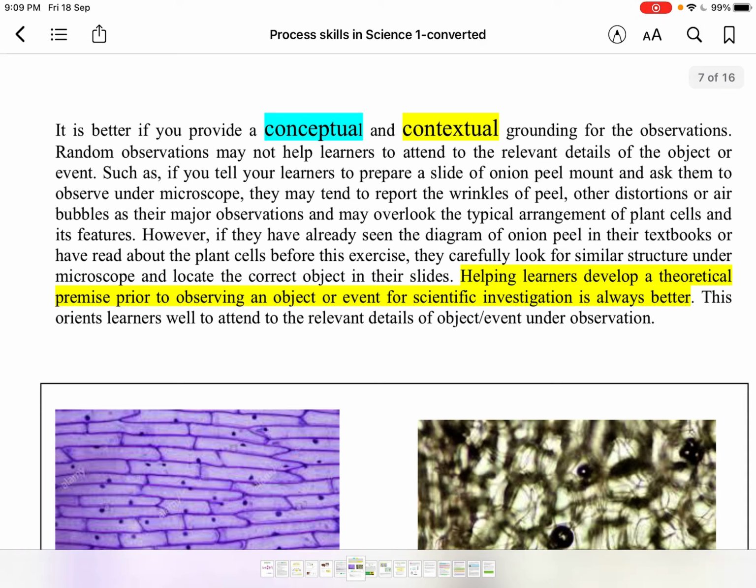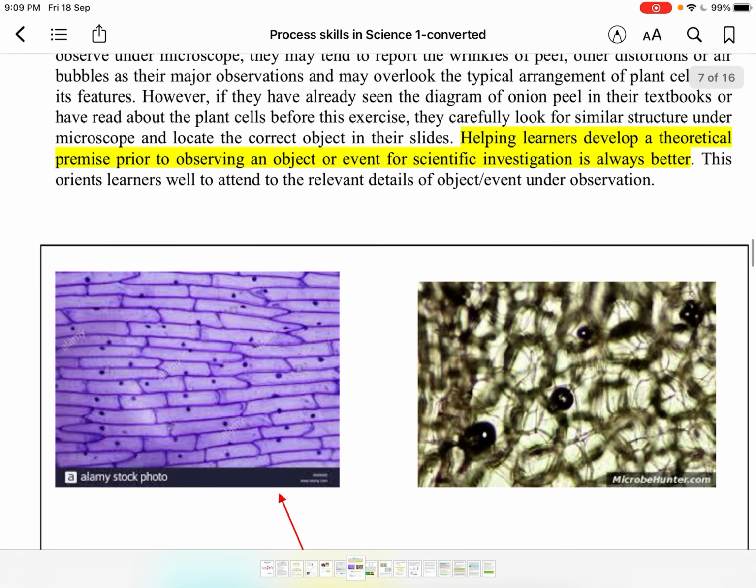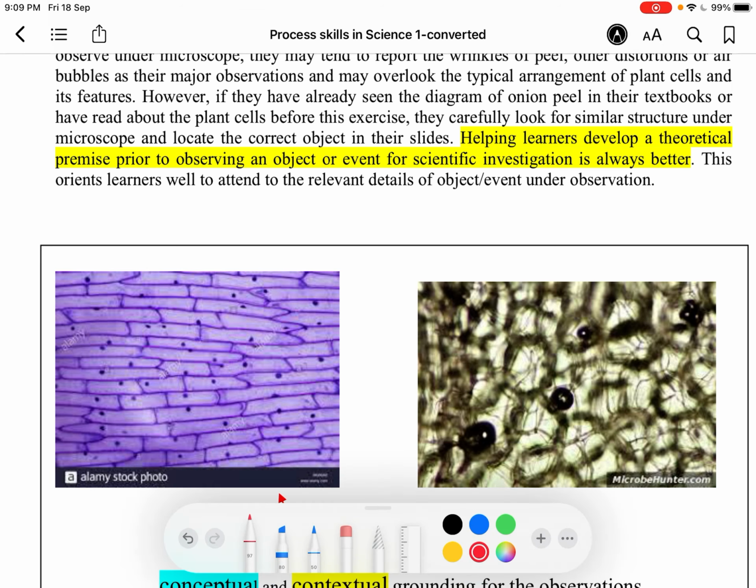After that you can ask your students to prepare the slide. Then they can understand, based on the knowledge gained in the class which you have already explained about the cells. At that time they will observe under the microscope this type of structures. The cell under the microscope looks like this.